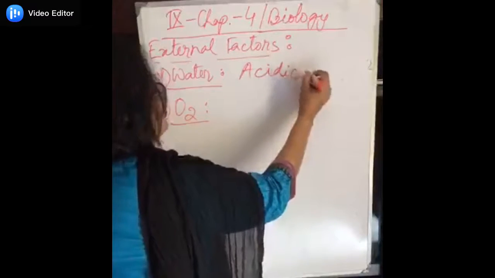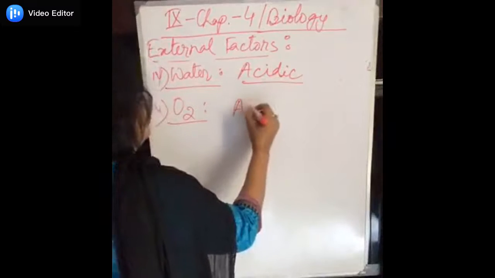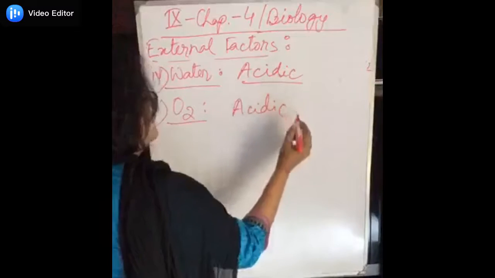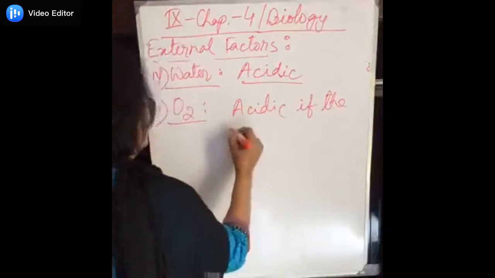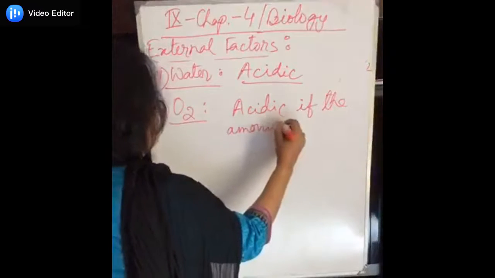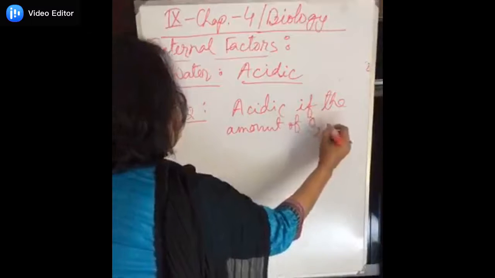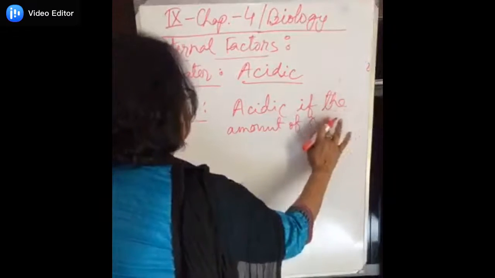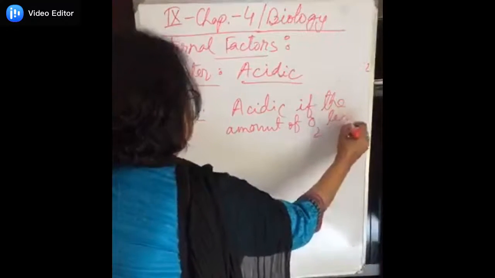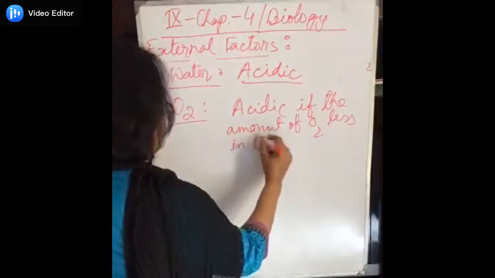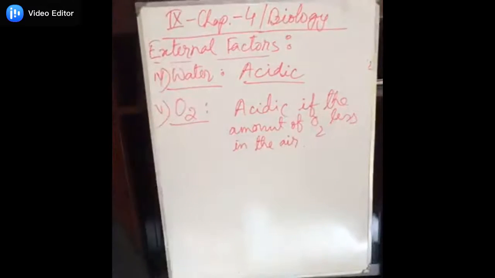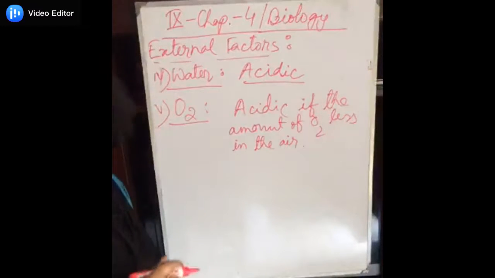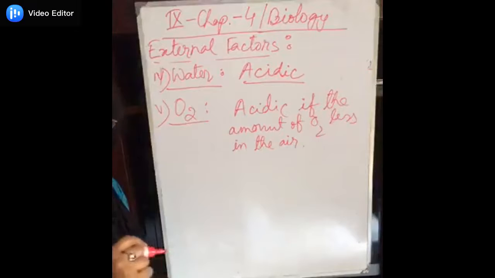It makes the solution acidic. Here also, if the amount of oxygen is less in the air, that means the level of carbon dioxide in the air increases, and that also increases the carbon dioxide level inside the chloroplast.